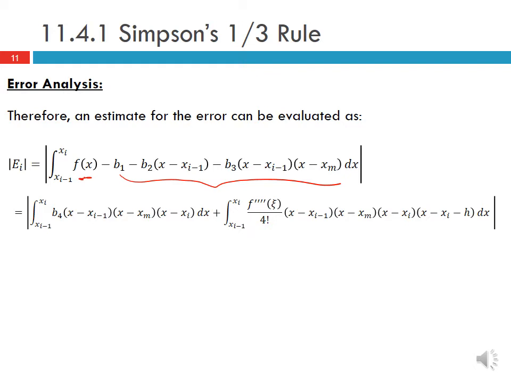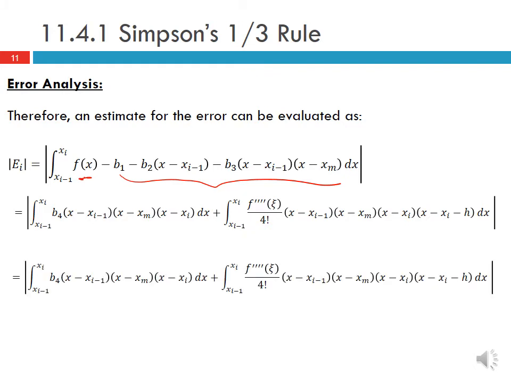We know from the expression on the previous slide that we can replace all of that with the expression shown here. And then we can perform this integration. The first term actually goes to 0, noting that x_m is the midpoint between x_{i-1} and x_i. This is why we added that extra point, because this term goes to 0, which allows us to have an extra term in our equation, and you'll see that we end up with accuracy related to h to the power 5 for this interval.